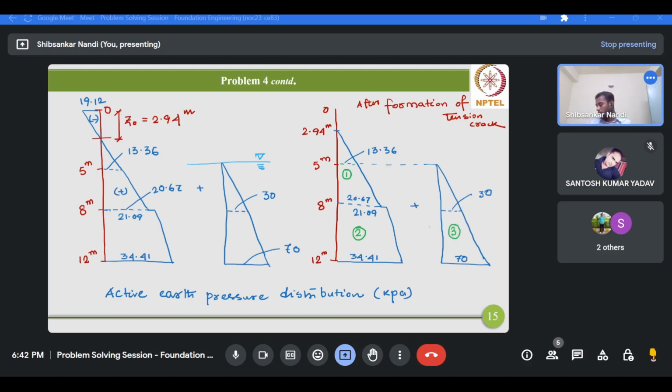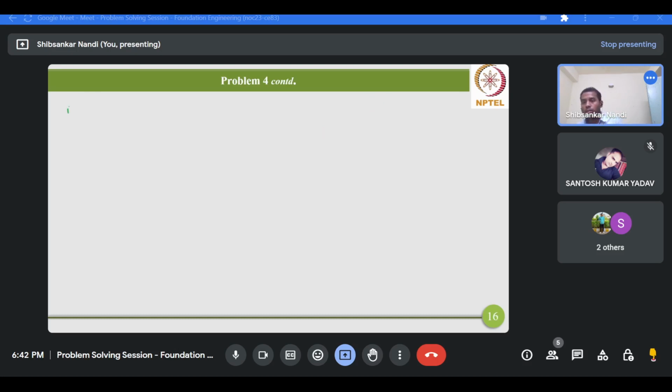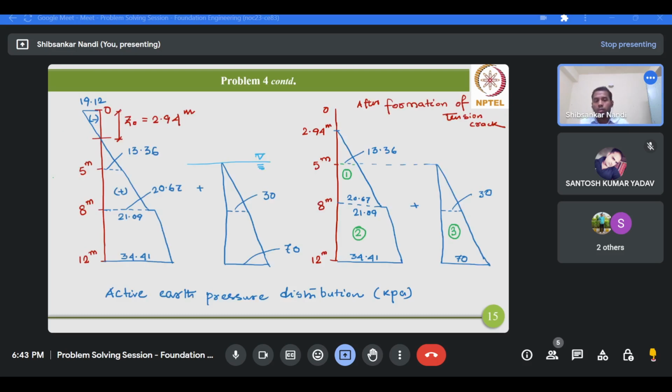Now we'll try to calculate one by one: 1, 2, 3. I think it will be better to put in this section 1, 2, 3.